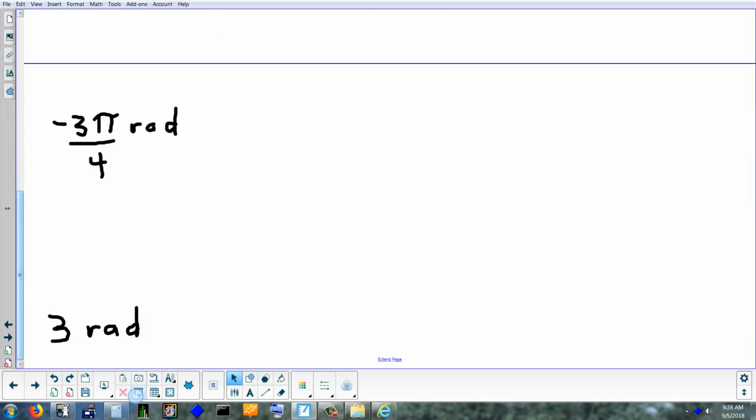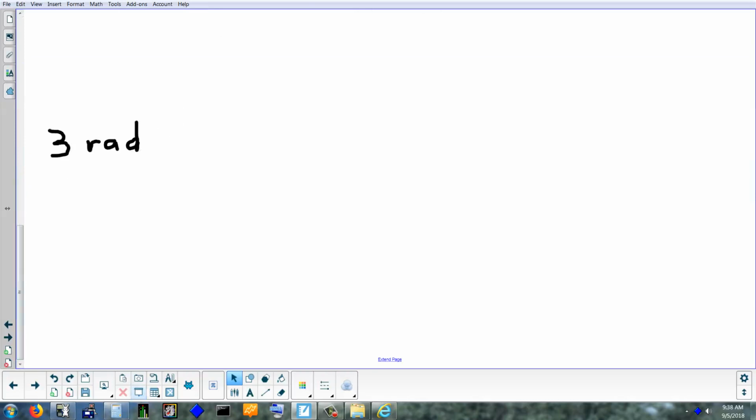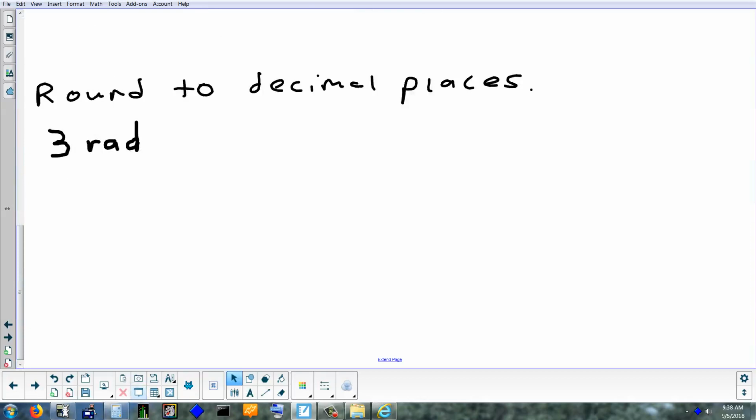Let's do this one. 3 radians, and we'll round to 2 decimals. On this one, I'll show you what happens if you use the pi button versus 3.14. And again, you've got to get used to seeing it just like that. Round to 2.